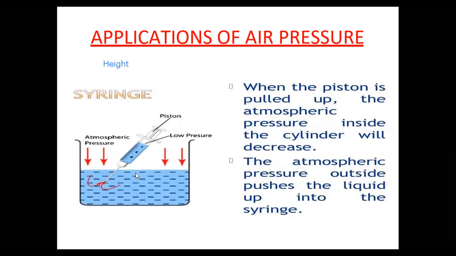While filling medicine in a syringe, we pull the piston out. When we pull the piston out, the inside volume becomes more. Volume is increased, so low pressure. Low pressure inside means high pressure from outside, so liquid or medicine goes inside the syringe.